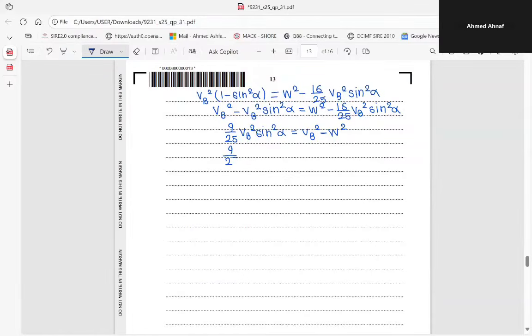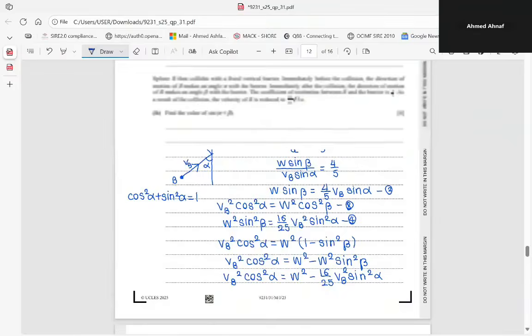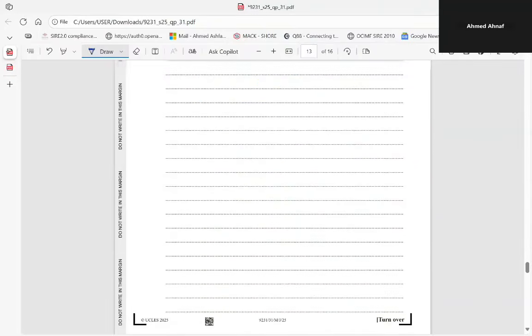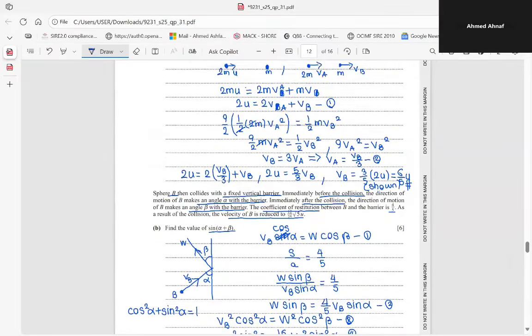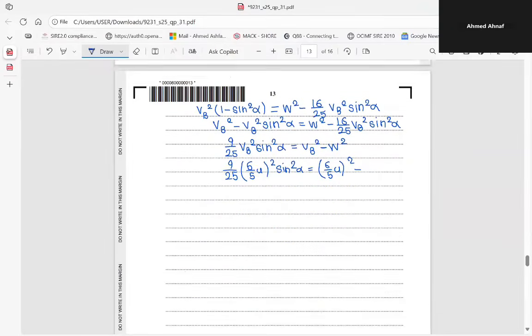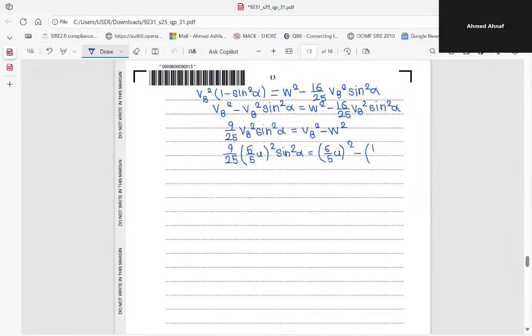So 9 over 25, VB, that's 6 over 5U, squared, sine squared alpha is equal to 6 over 5U squared minus W squared. So W is just 12 over 25 square root 5U, 12 over 25 square root 5U squared.